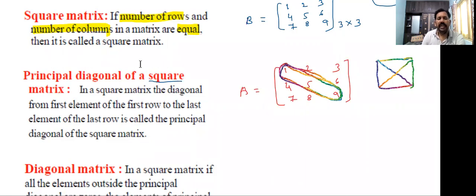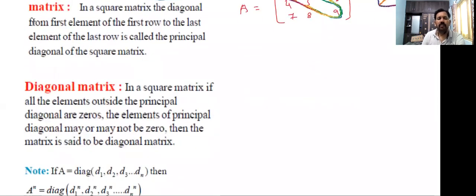Next, diagonal matrix. What is a diagonal matrix? A square matrix, if all the elements outside the principal diagonal are zero. That means except principal diagonal elements, each and every element is zero, such a square matrix we will say is a diagonal matrix. Okay.